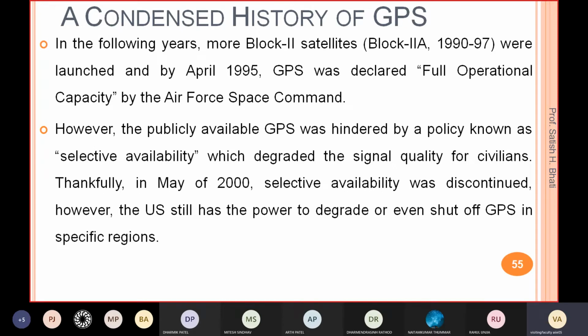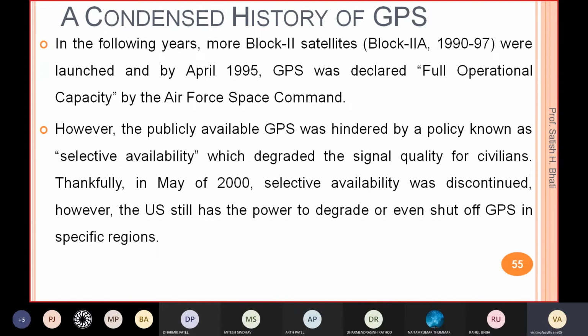However, the publicly available GPS was launched with a policy called selective availability, a feature which degraded the signal quality for civilians. In May 2000, this feature was discontinued. However, the US still has the power to degrade or even shut down GPS in a specific region.